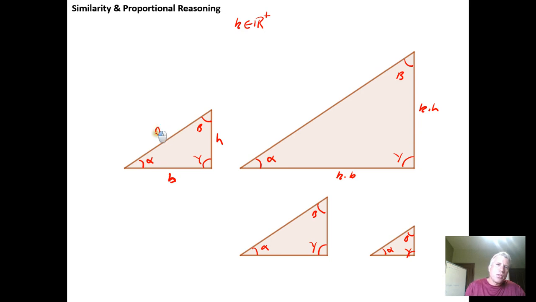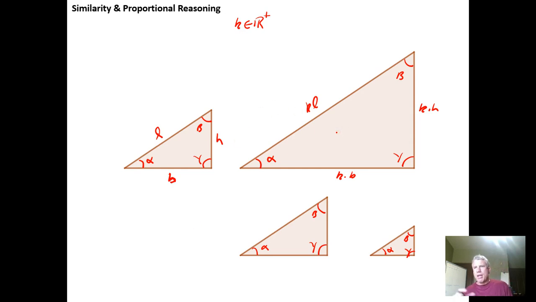This length here, let's call it L. This is actually a right triangle, but we'll pretend that it's not. So if this is L, then the corresponding length over here has to be k times L. So sides attached to corresponding angles will just be scalar multiples of each other.